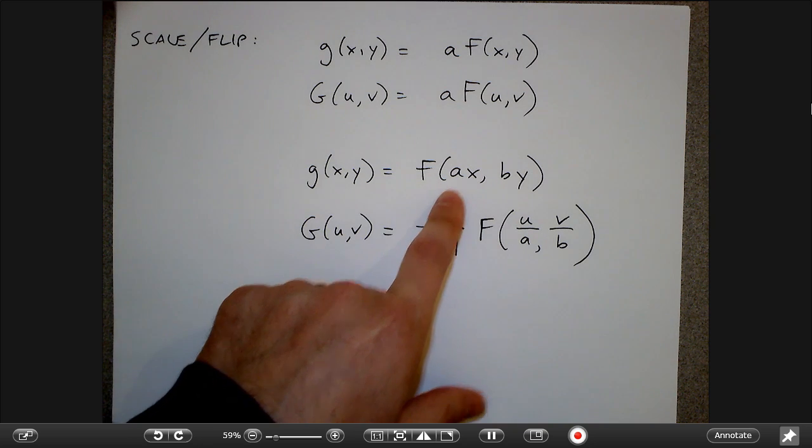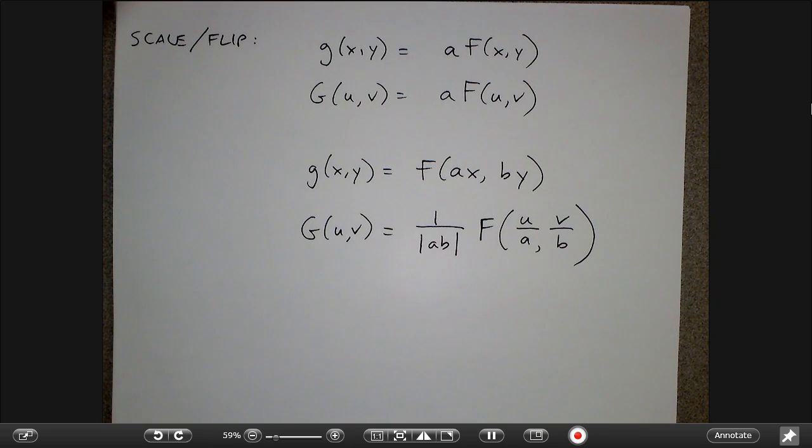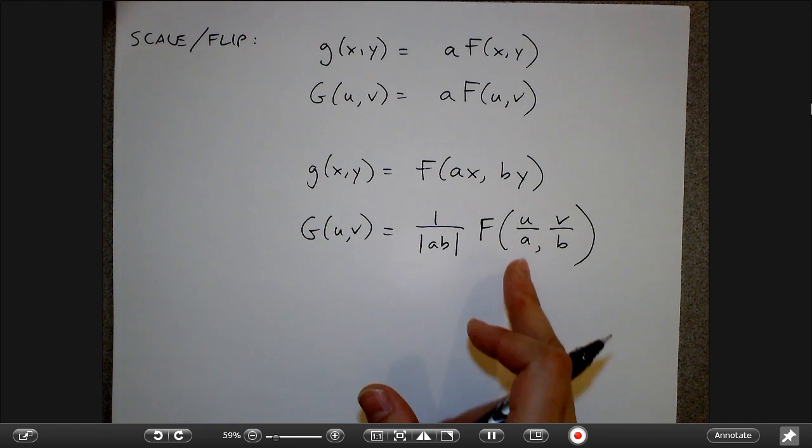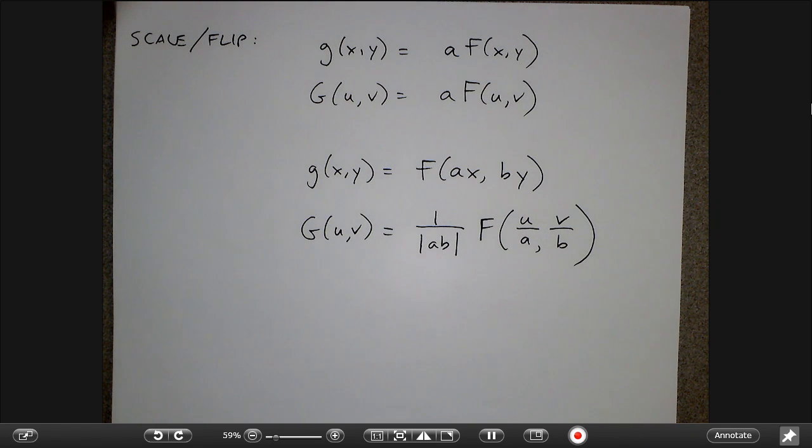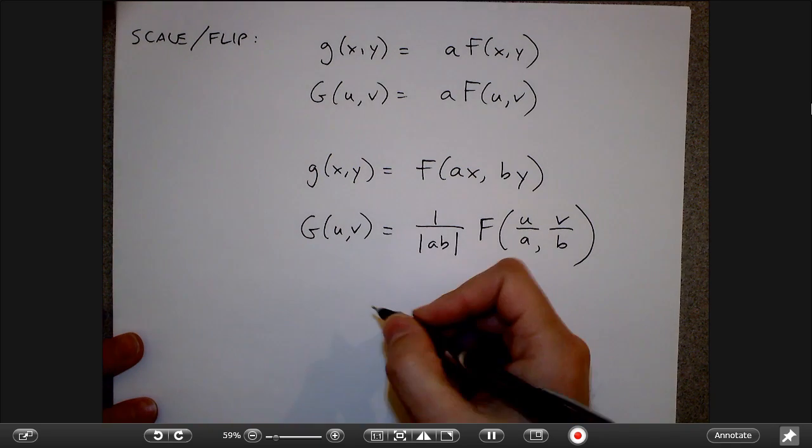And again, the idea is, suppose I just say f of 2x. That's like saying the image is twice as small. That means the contribution of all the cosines should be squeezed down by a factor of 2, because I don't have the big cosines anymore. Now I have the small cosines.